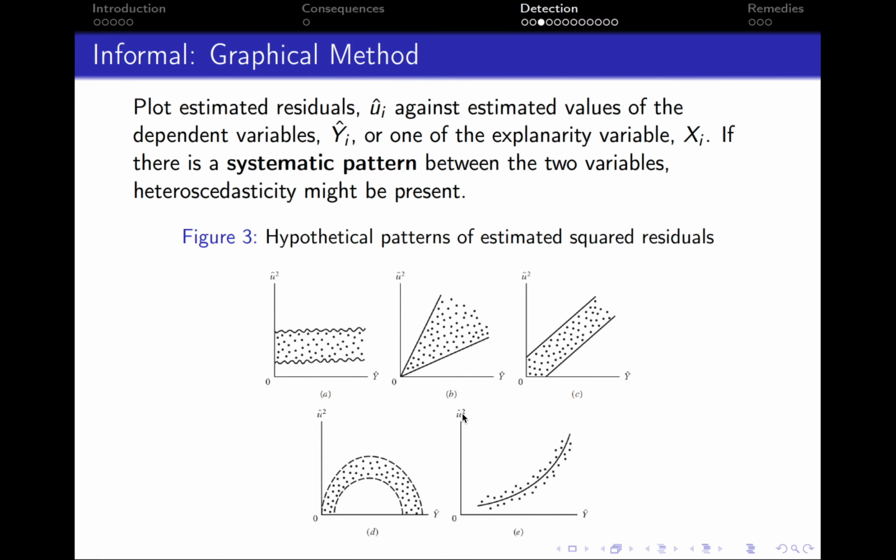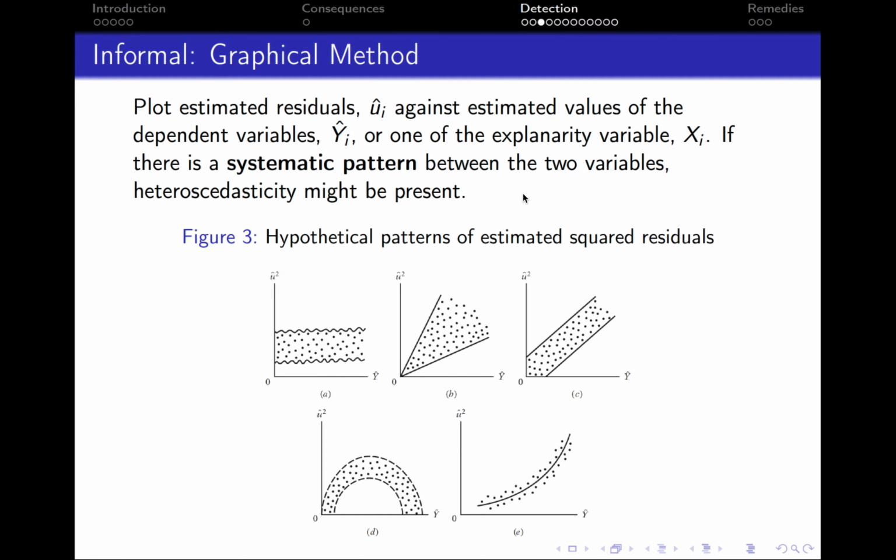After you've done this analysis, you can move to another informal method, which is called graphical method. To apply the graphical method, what you need to do is the following. You need to plot estimated residuals against estimated values of the dependent variable or one of the explanatory variables. And if there is a systematic pattern between the 2 variables, heteroscedasticity might be present.